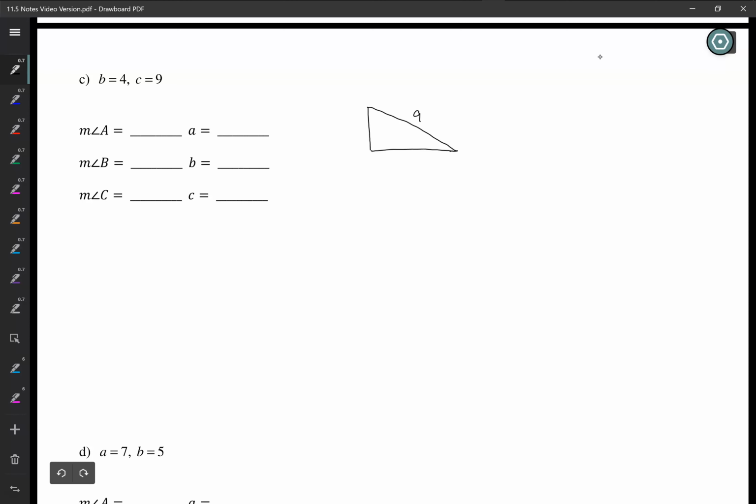Put a 9 there and a 4 here and call that A. It looks good to me. If you rotated it differently, that's fine. Just make sure that the hypotenuse is 9. So we know that little c is 9, little b is 4, and of course the measure of angle C is 90 degrees.